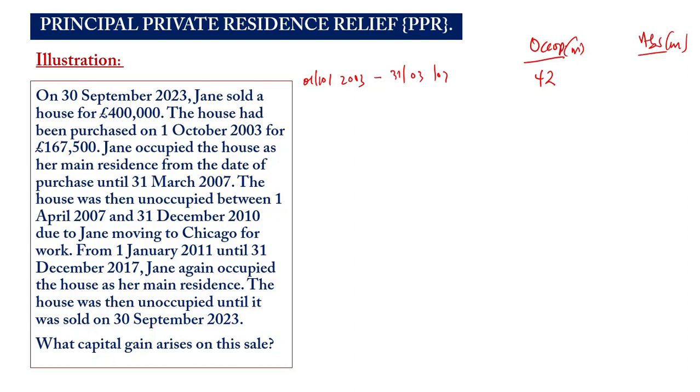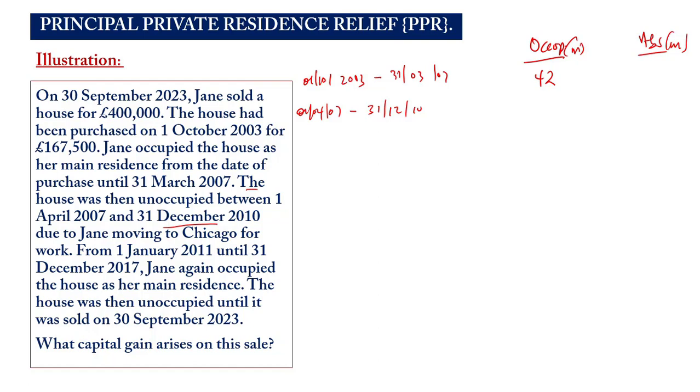Now, we are told that the house was then unoccupied from 1st April 2007 to 31st December 2010, due to Jane moving to Chicago for work.